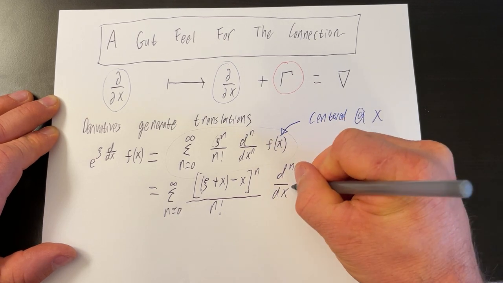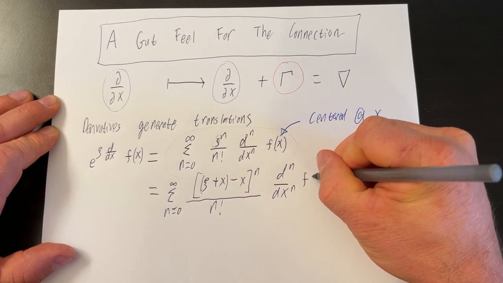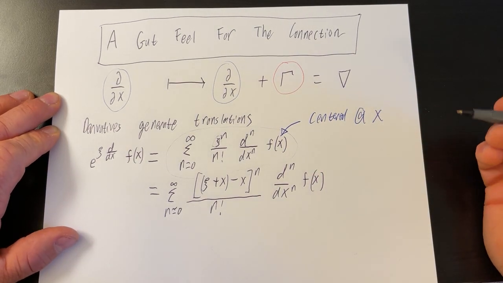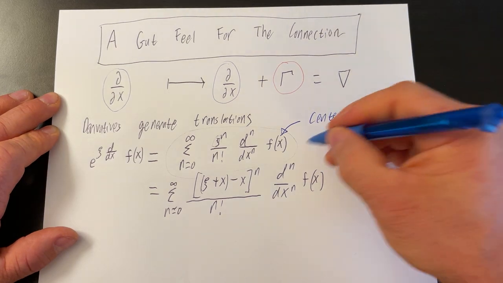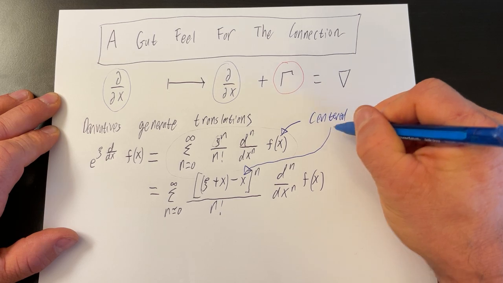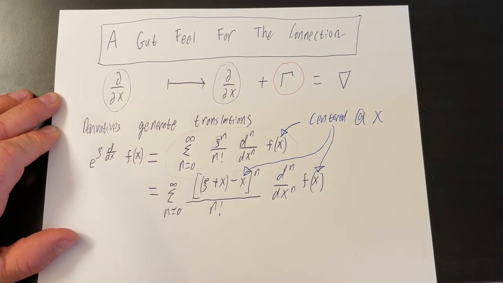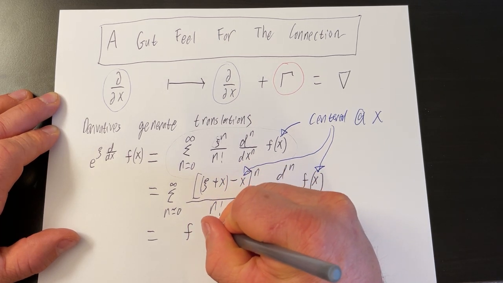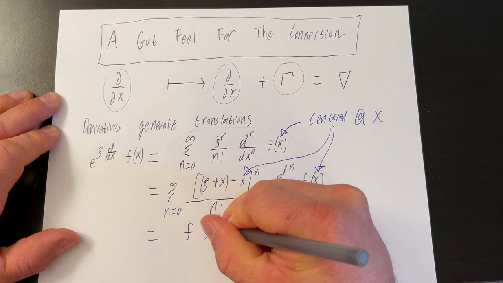Now I have the nth derivative operator acting on the function. So now I have the center, both here and here. And what we see is that I have the Taylor series of the function f of xi plus x.